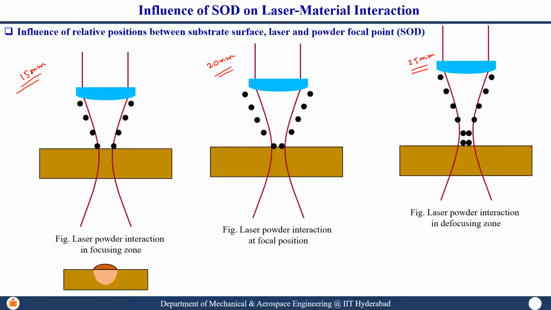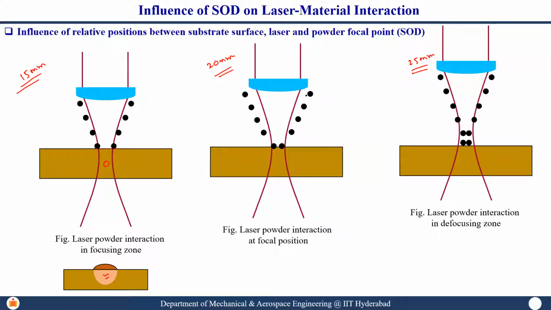If you see at 15 mm SOD, the powder is not at all interacting with the laser, because its converging point is somewhere here, and you kept your SOD here. So the powder cloud density is quite less, so most of the energy is getting coupled to the substrate and you have excess dilution.